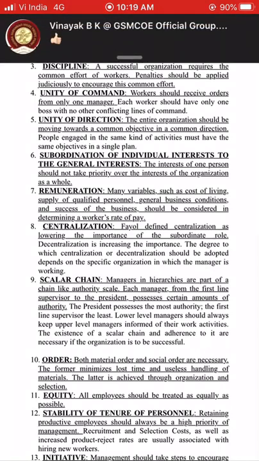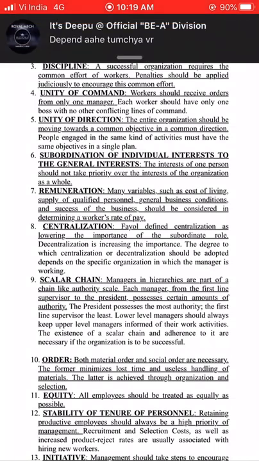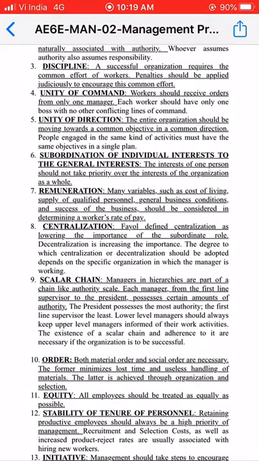Then the sixth one is what? Subordination of individual interests to the general interest. Okay, the interest of one person should not take priority over the interest of the organization as a whole. We shouldn't take the interest of only one person in the execution of the plan.